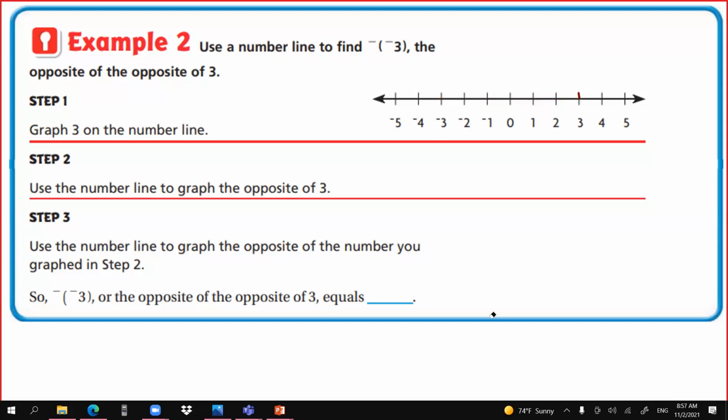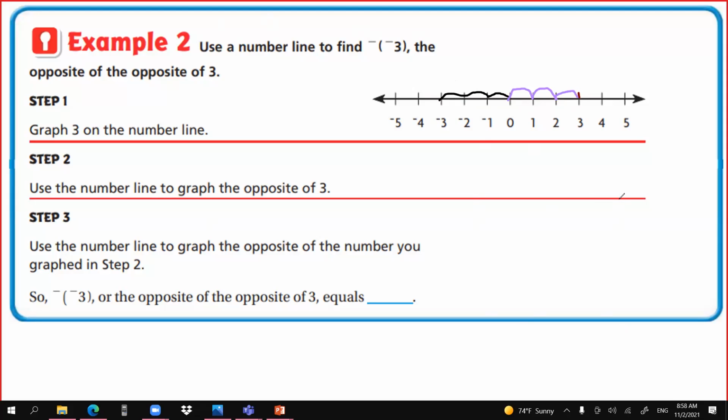I will repeat this for you. Now, the opposite of -3. First of all, you will draw -3. Where's -3? It's here, 3 digits to the left. Then the opposite of -3 is what? It's going to be +3, so you go 3 digits to the right.